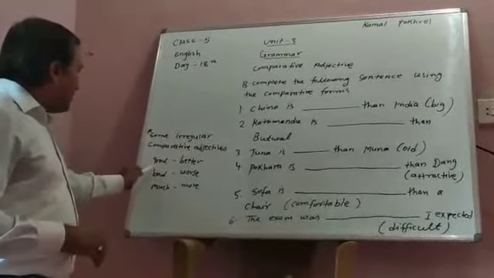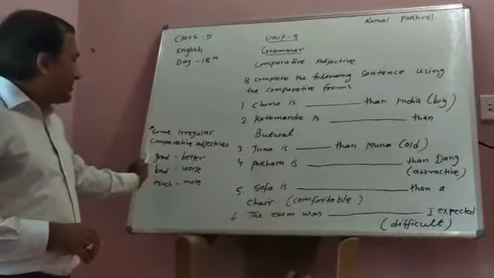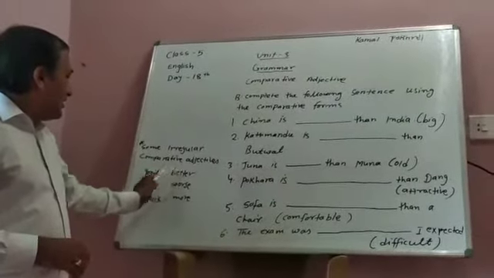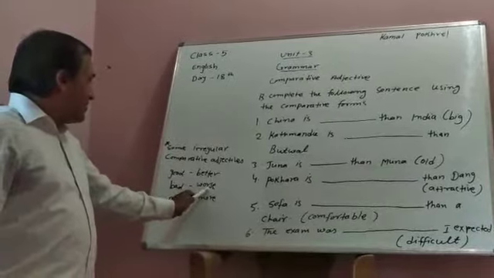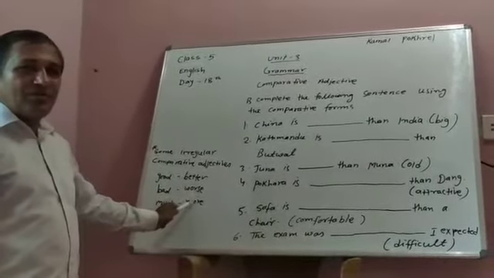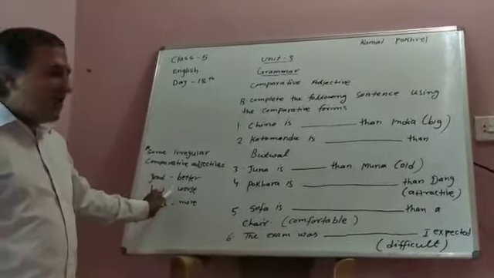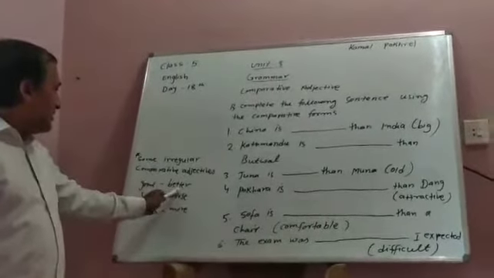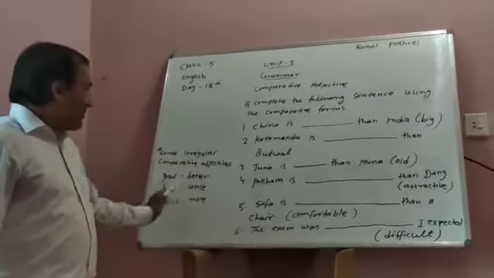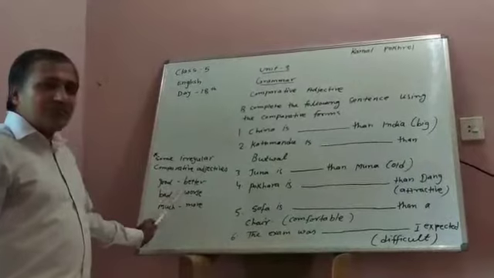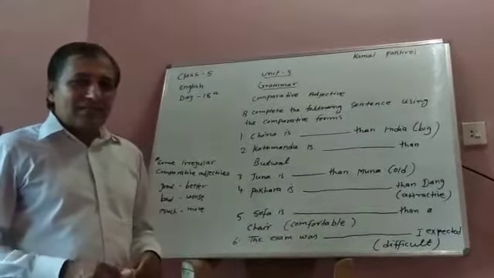Some examples are: good, better, not gooder. Bad, worse. Much, more. In this way, irregular comparative adjectives are formed. Again, good, better, bad, worse, much, more.